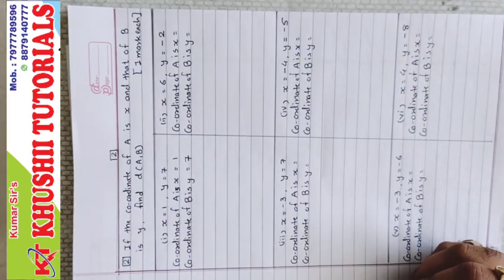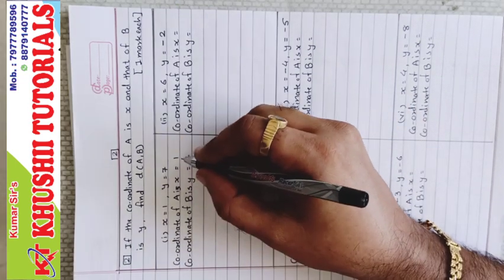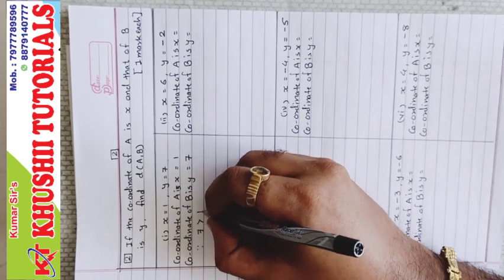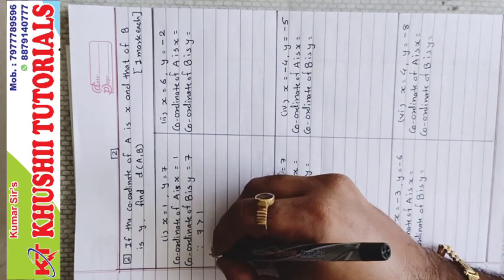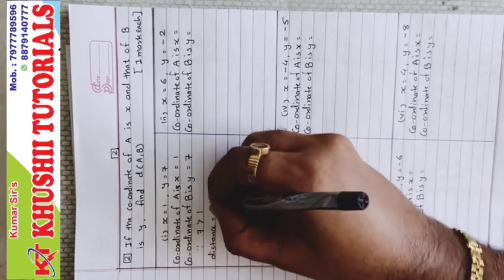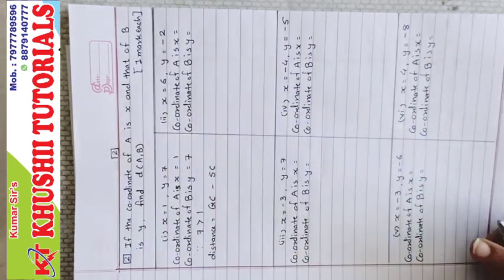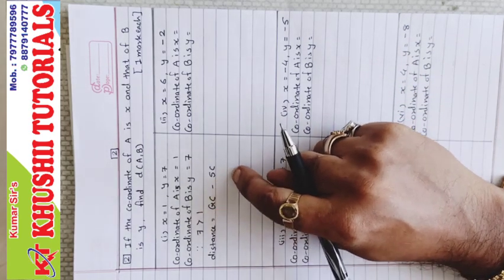Correct? So we got two coordinates. Now what do we have to do? We have to compare them. Now what is greater? Definitely 7 is greater than 1. The next thing we have to write is the formula. What is the formula of distance? Distance equals greater coordinate minus smaller coordinate. This is the short form. You have to write it in full.